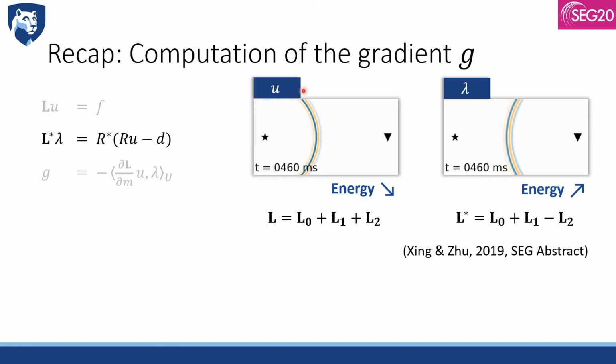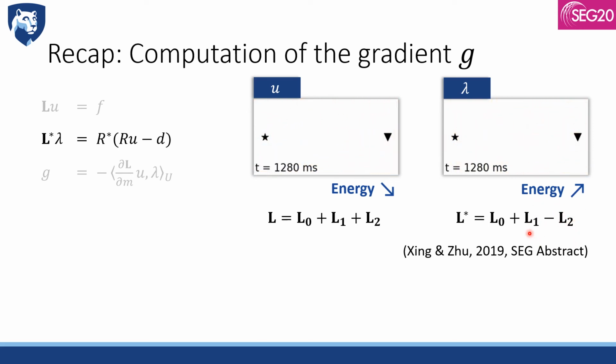Last year, we have demonstrated that while the forward wave field U starts from the source and propagates all over the place, the adjoint wave field lambda shrinks to the location of the receiver. And also, since L star equals L0 plus L1 minus L2, the adjoint wave field preserves the velocity dispersion because of this L1 term, but instead of attenuating, it is compensating, or anti-attenuating, the amplitude because of this minus L2 term.